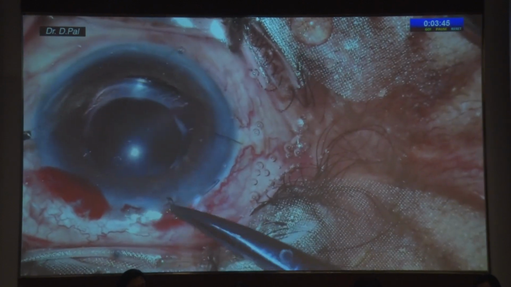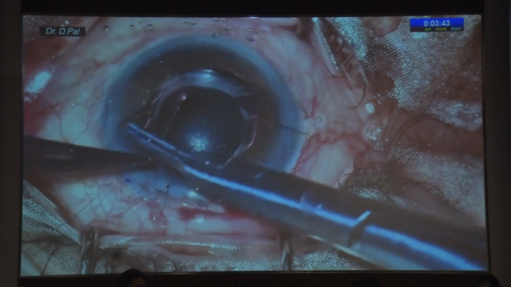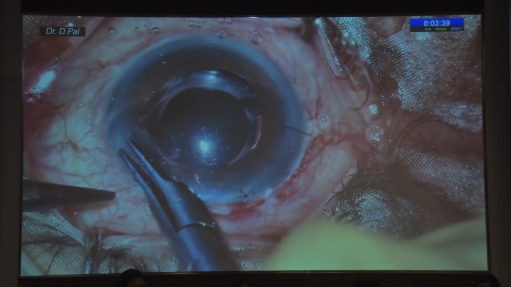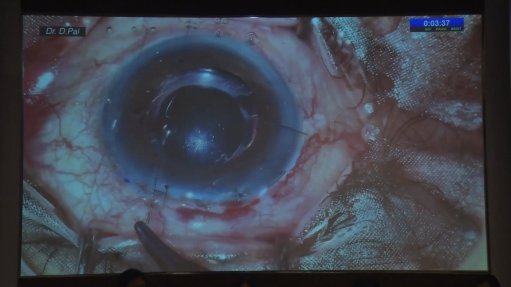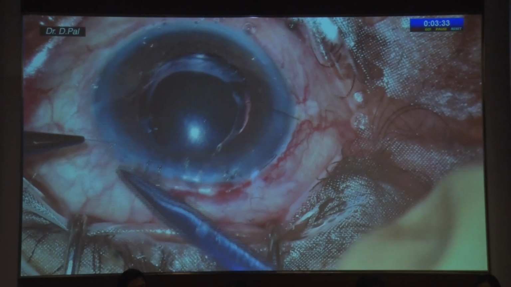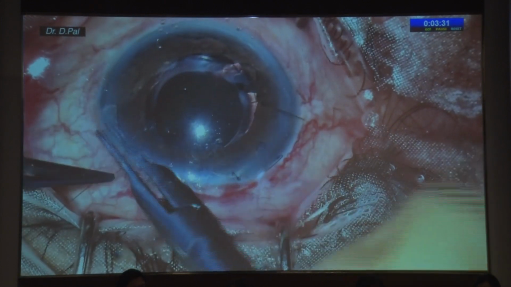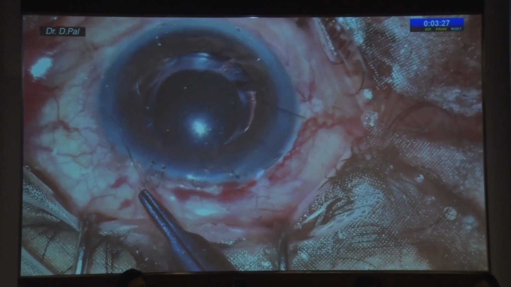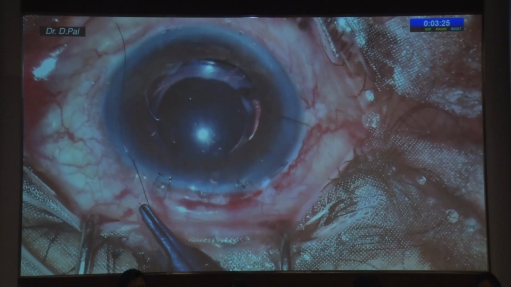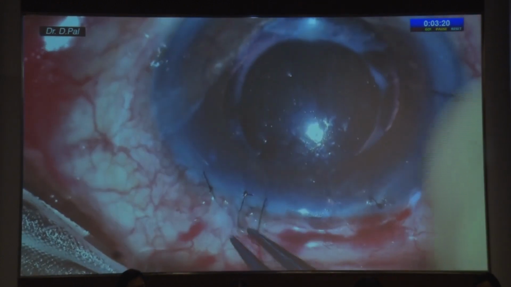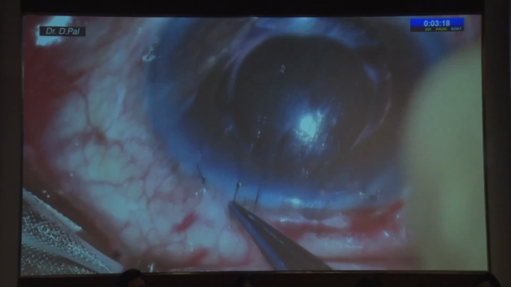It's like a horizontal mattress, and put 3 of them. And bury it perfectly, so mostly it helps. This is for immediate post-op if you're finding that the limbal edge is really leaking and we cannot control it easily.